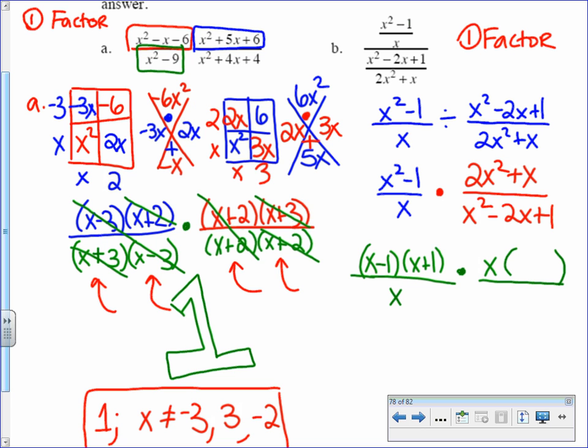And I know x times 2x gives me 2x squared, and x times 1 would give me that x in the x term at the end. And then the denominator, x minus 1 times x minus 1, -1 times -1 is the c term, and -1 plus -1 is -2, the b term. So if you need to draw a box and diamond for those when you're factoring, please do. I'm just practiced, and that's why my factoring is coming more easily.